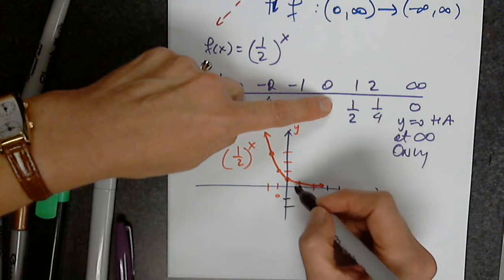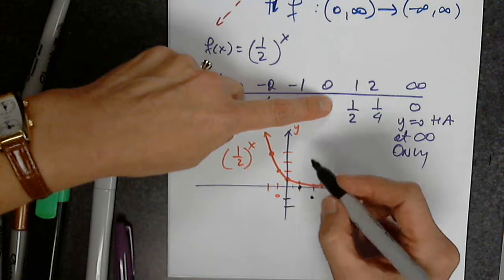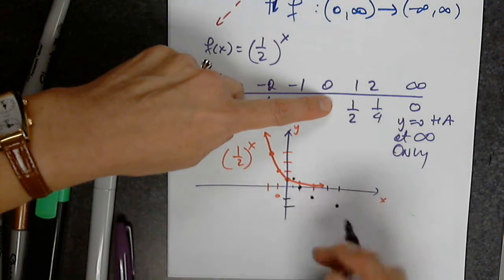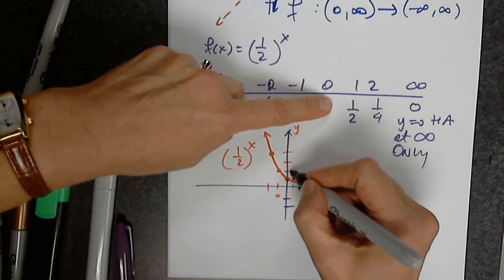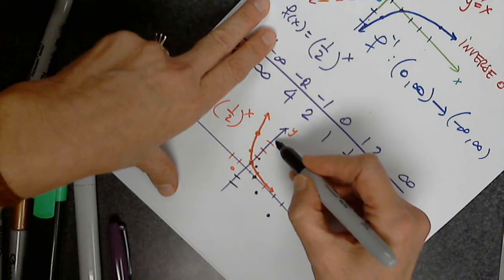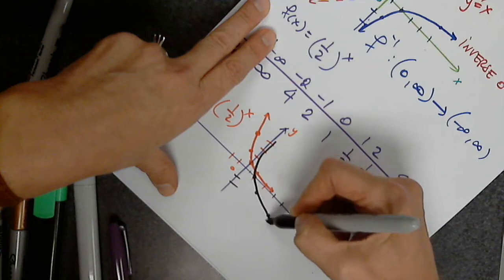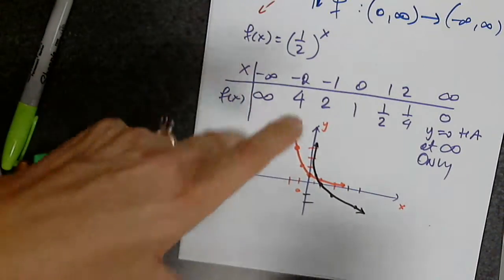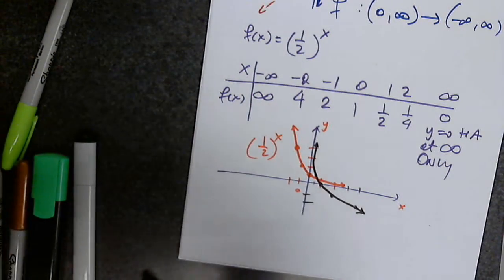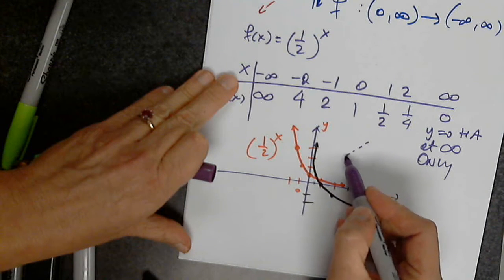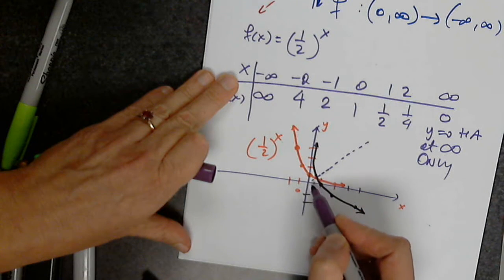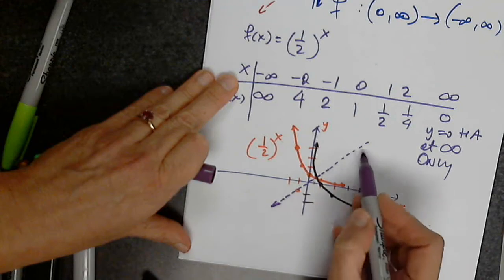So 1/2, 1. Where they intersect, they must be the same, and that's where the y equals x should go as well.